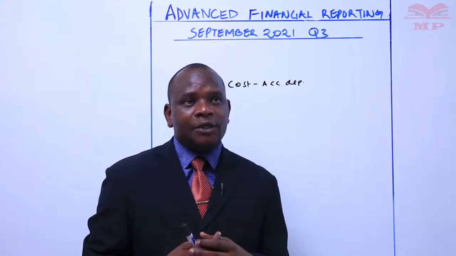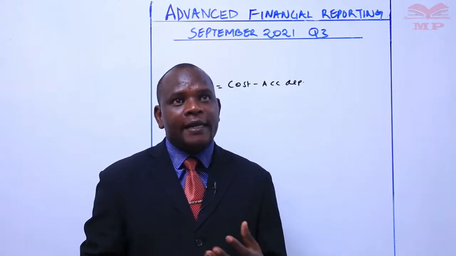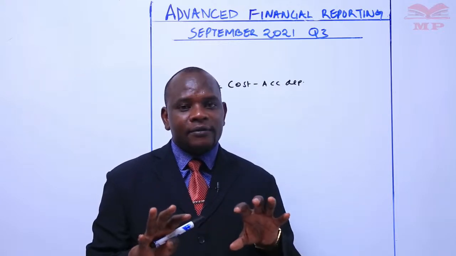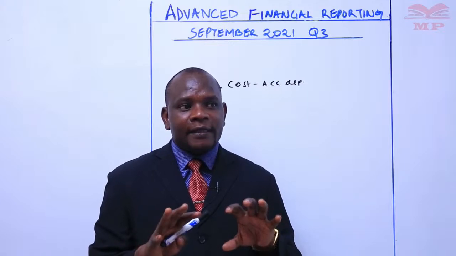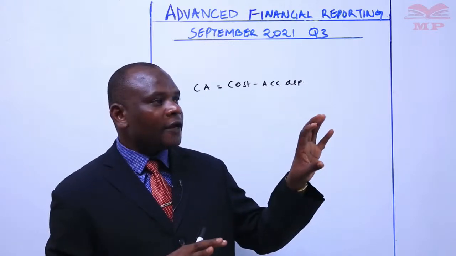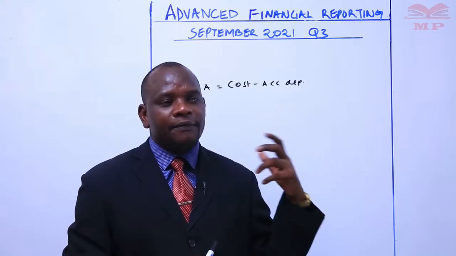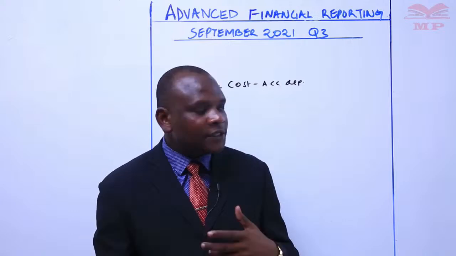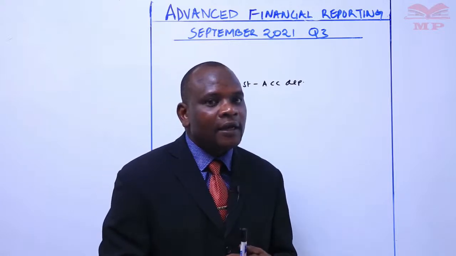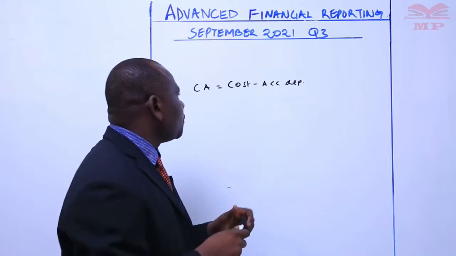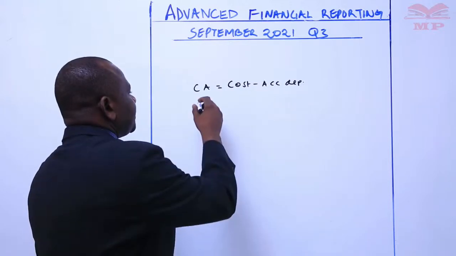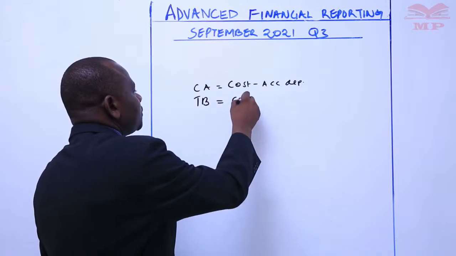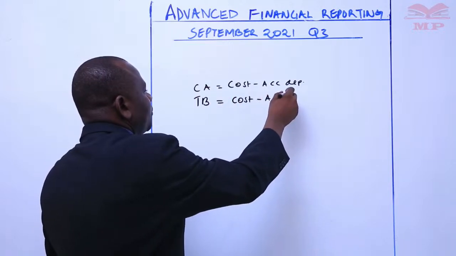Actually, depreciation is a provision. It is an estimate. There is no standard that tells us that this is the amount you're supposed to provide for motor vehicle, building, plant and machinery, furniture and fixtures and fittings. But when you go to tax, the taxman will say that tax base is cost minus accumulated wear and tear.